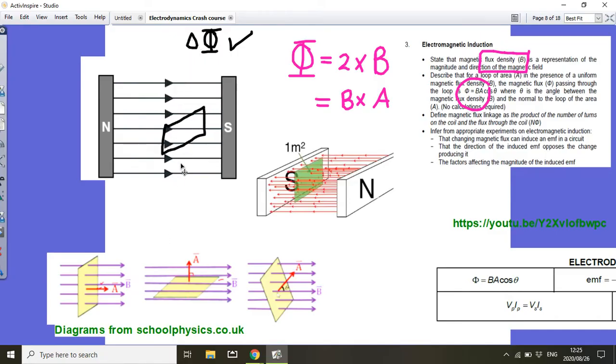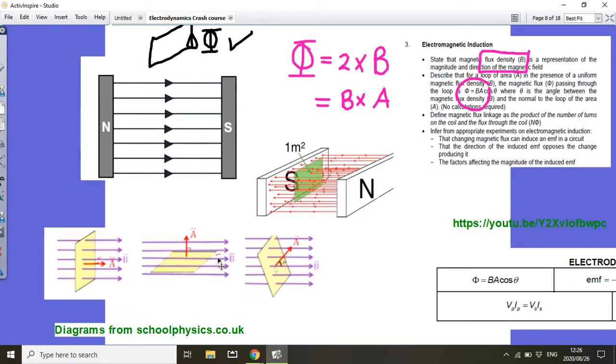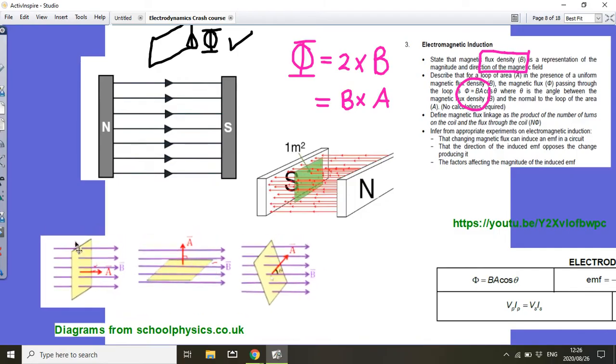When I moved in, it was increasing, and when I moved out, it was decreasing. So both times there was a change in magnetic flux. But the magnetic flux density between the North Pole and the South Pole still remained the same.